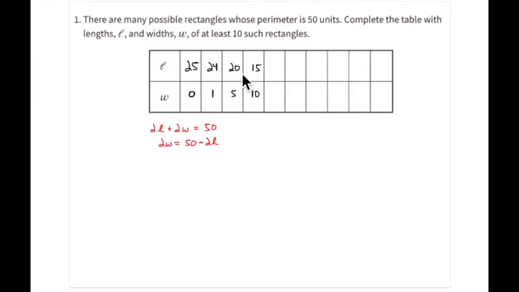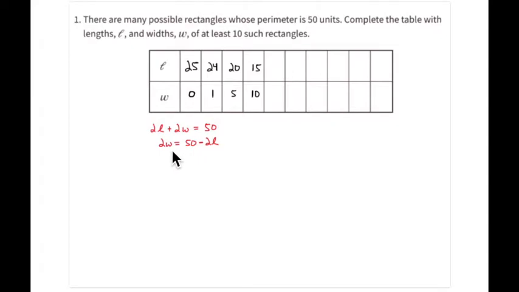All right, so moving to 20 units for the length. Now you're going to use up 40. You're going to double that length. You're going to use up 40 units of your total 50 units. So I'm doubling the length right here, and I'm going to subtract that from 50. So that tells me I have 10 units left. So 2 times the width equals 10 units.